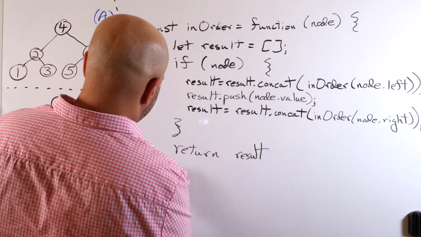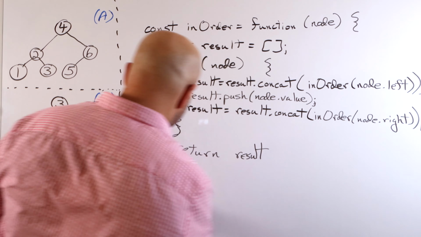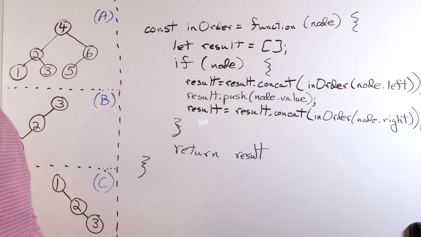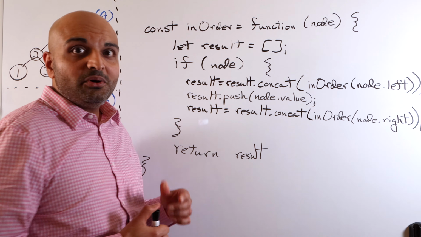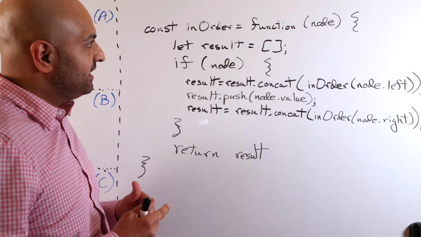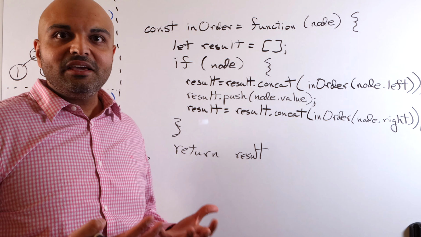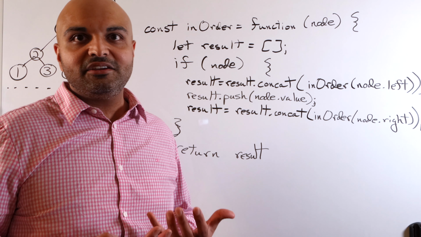In fact, I have a little bit of extra space on my whiteboard. How spiffy. All right, so let's go ahead and walk through this code. The easiest way to think about this is in the sense of delegating control.